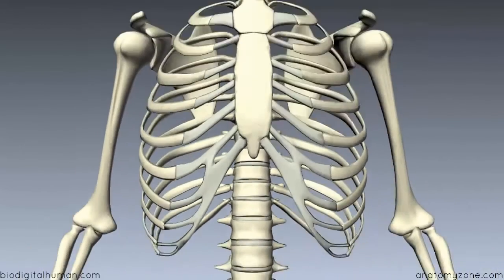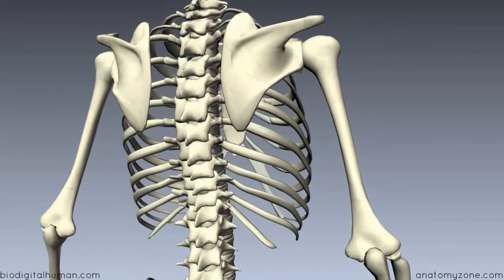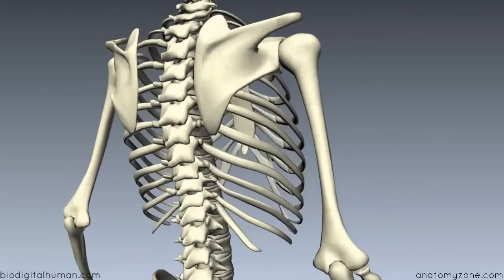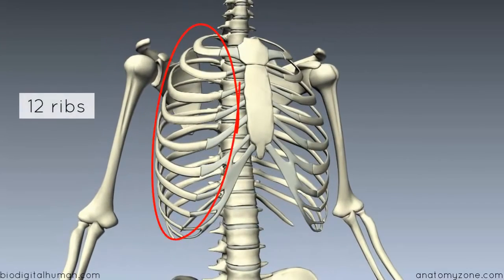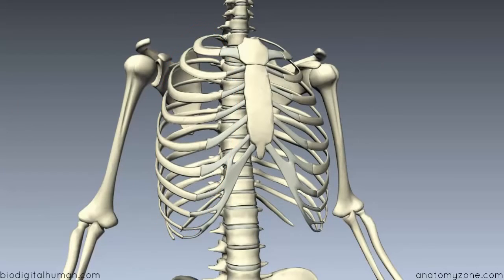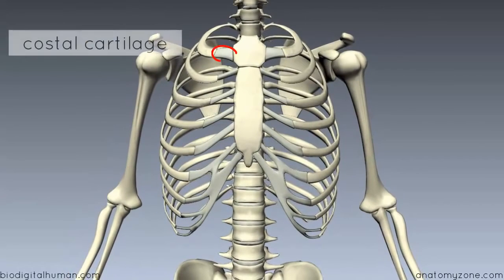So in terms of the bony framework which makes up the thorax, you've got the 12 thoracic vertebrae at the back, which make up the posterior part of the thorax, and then you've got the ribs which form the lateral part. So you've got 12 ribs which articulate with the 12 thoracic vertebrae, forming the lateral walls of the thorax, and then anteriorly these ribs articulate via a costal cartilage with the sternum.